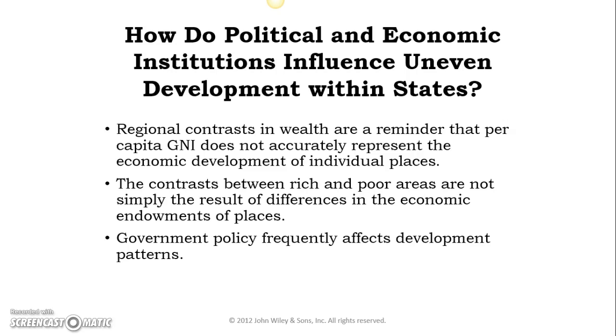If government's poor at what it does, then you see a lot of breakdown in terms of how that wealth is distributed, in terms of corruption and things like that. So these are all things to look for, and per capita GNI does not show that in the ways that we would like.